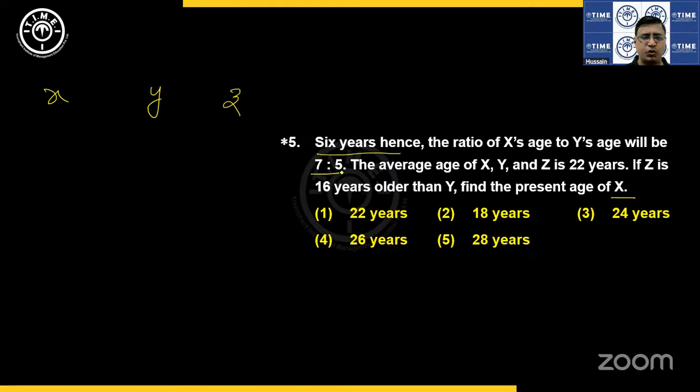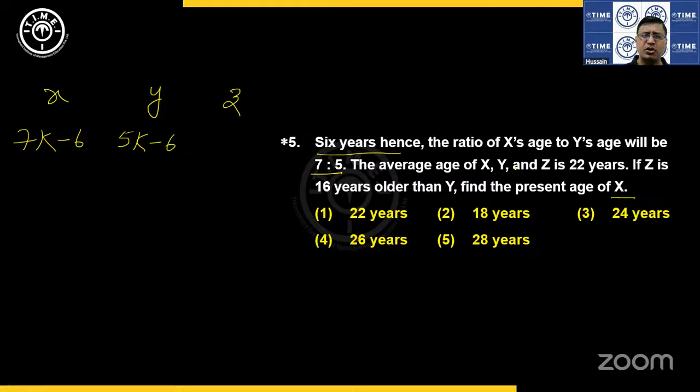X and y ratio is 7:5 after 6 years. So after 6 years, 7:5 means 7k and 5k. Now present age means 7k minus 6 and 5k minus 6.